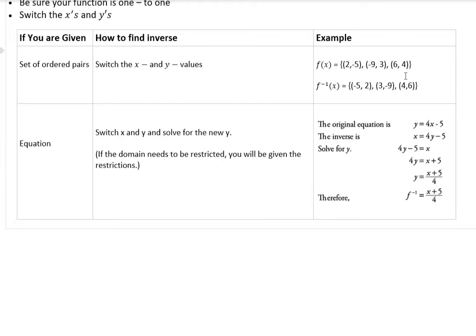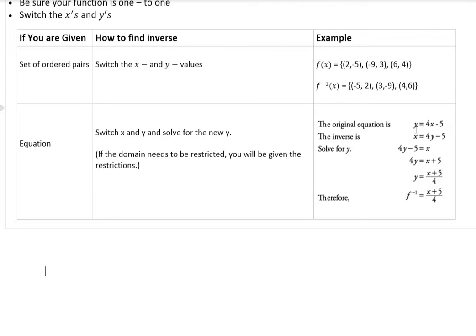Now, the domain needs to be restricted in order to do this at times, and you will be given the restrictions needed to ensure an inverse function. I think the book goes a little bit beyond this, but all the problems that we're going to be doing, the restrictions are already given for us.